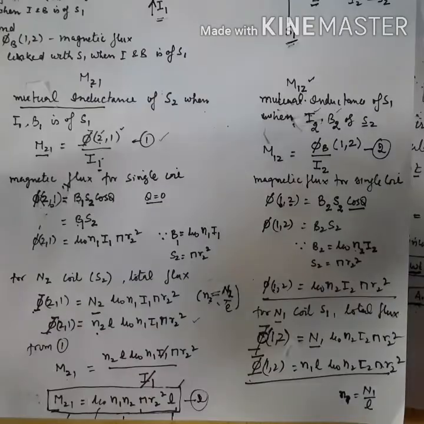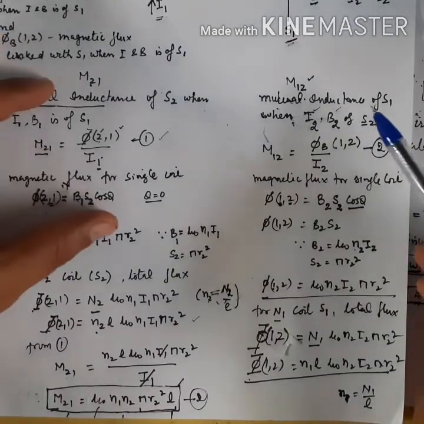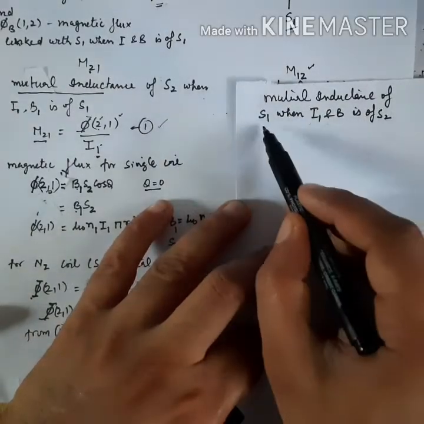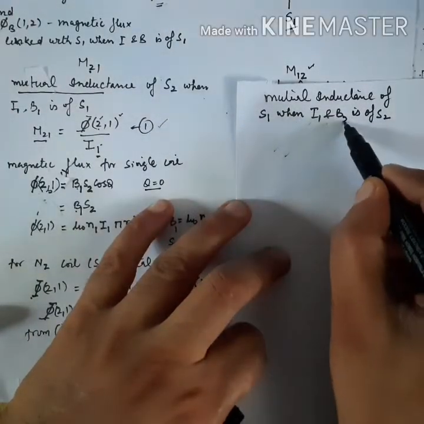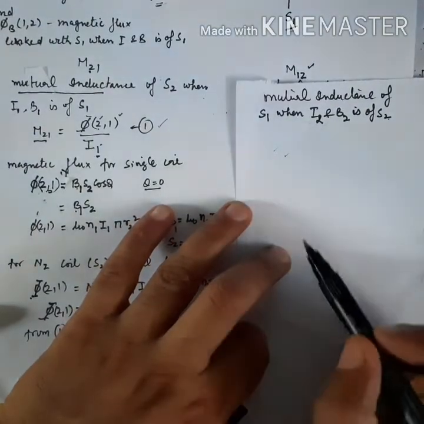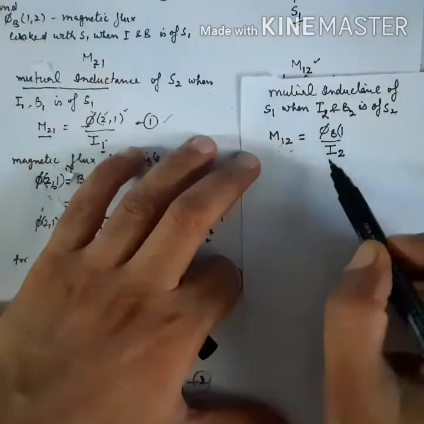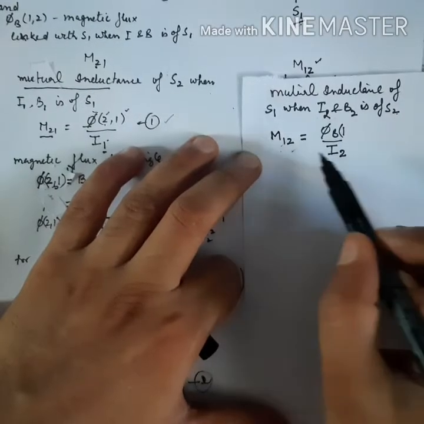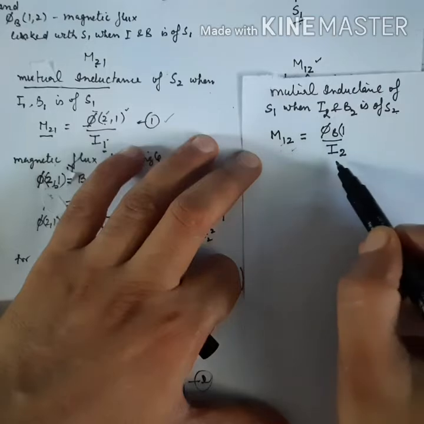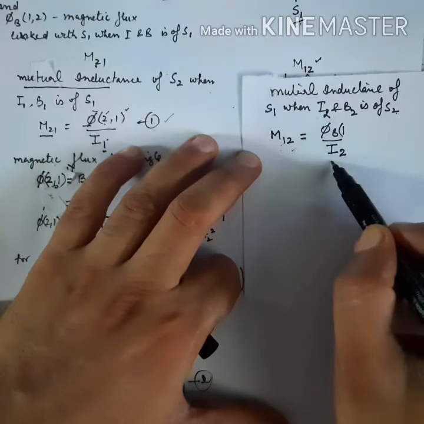Now we will calculate the mutual inductance of 1 with respect to 2. It is the mutual inductance of S1 when the current and magnetic field are of S2. So the current in the S2 solenoid is I2 and the field is B2. Mutual inductance may be defined as the amount of flux linked per unit amount of current flowing in a neighboring coil.